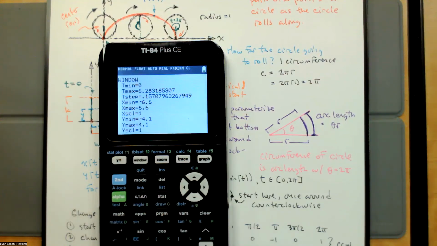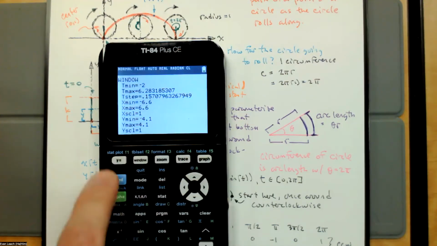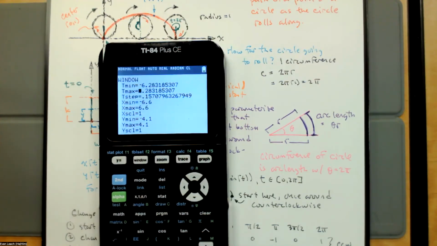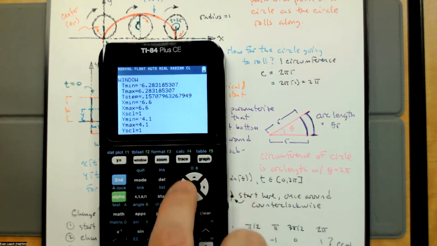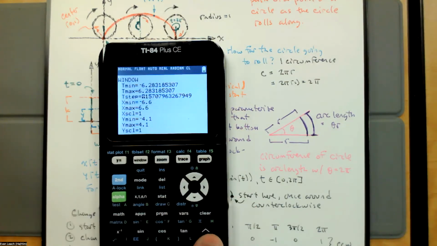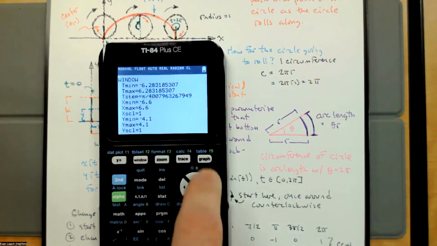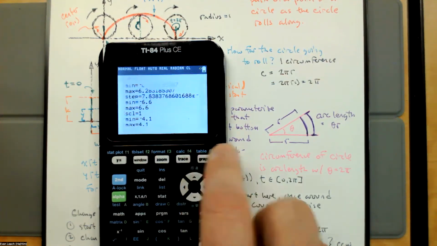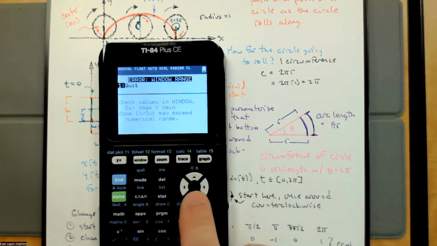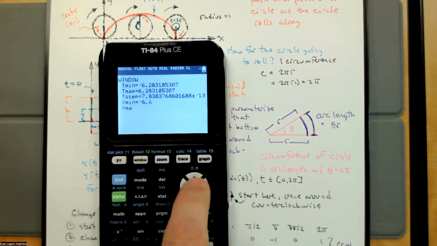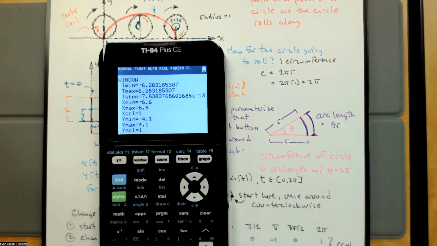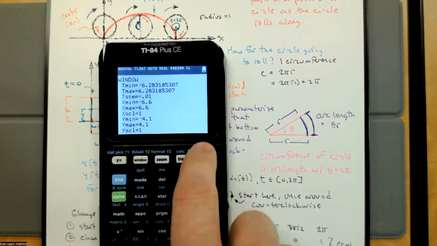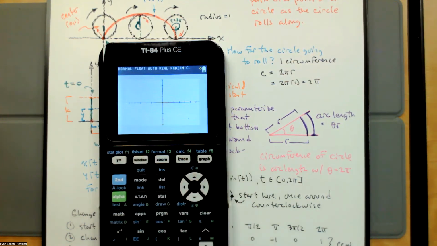So let's go from negative 2 pi. Why still round? Oh, it's also a little bit angular. All right, 1/100th is kind of struggling for the calculator.